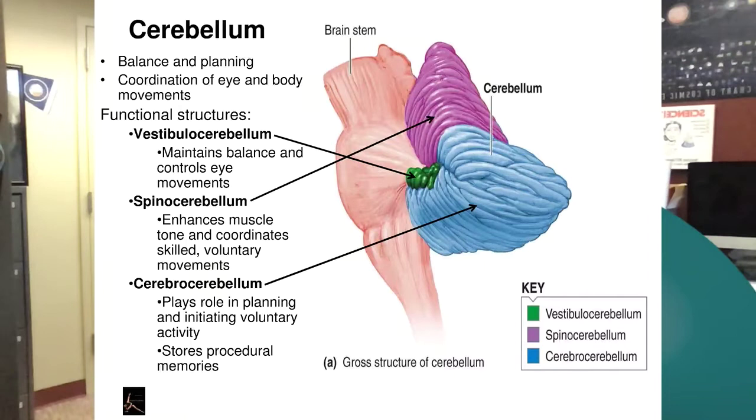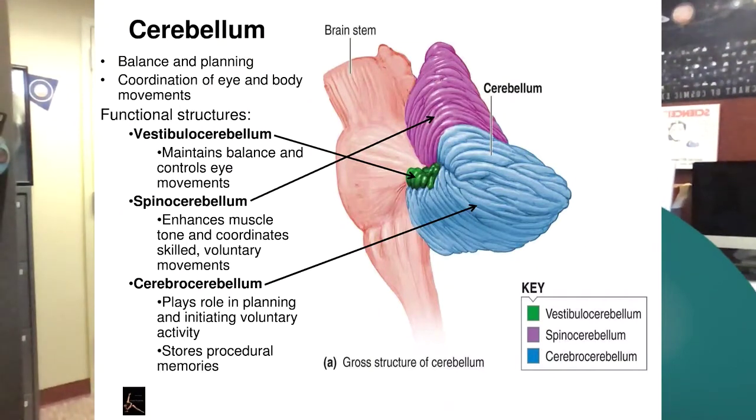The bottom portion, the largest portion, the blue area there, that's the cerebrocerebellum. So it says it plays a role in planning and initiating voluntary activity by providing input to those cortical motor areas. And one of the main things it does is it stores procedural memories. So if you play piano or you dance, you know that when you're first learning those movements, there's a lot of higher order thinking.